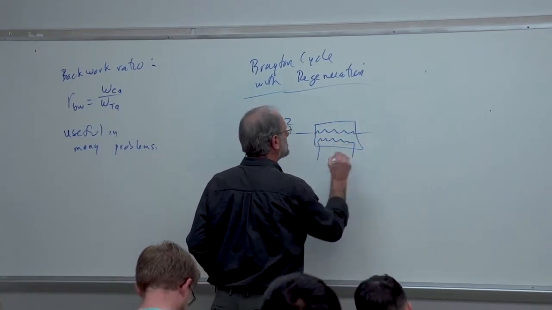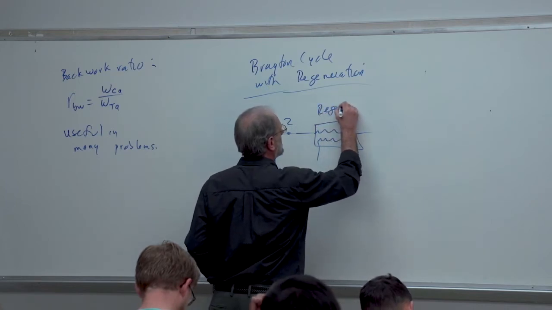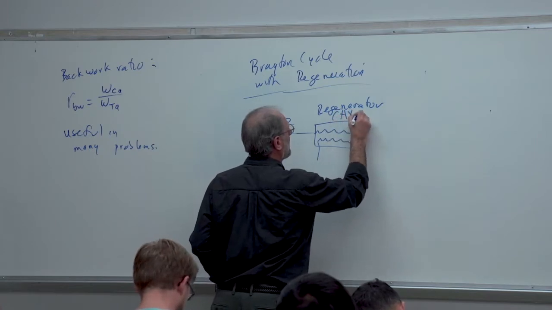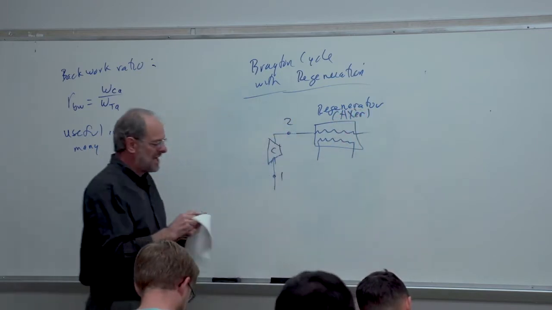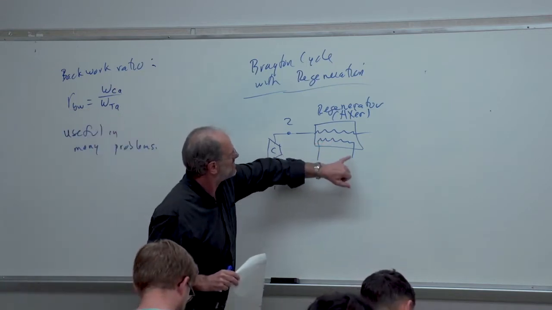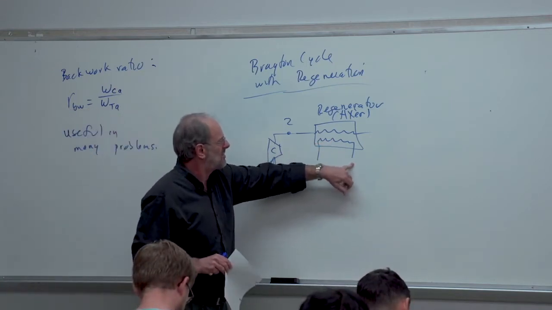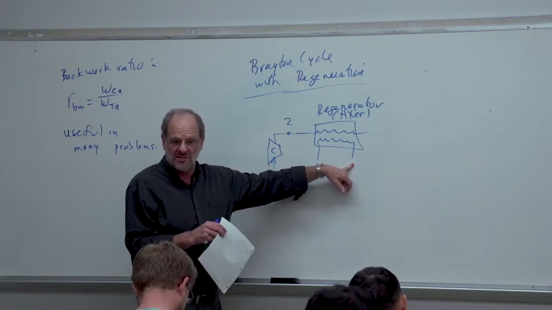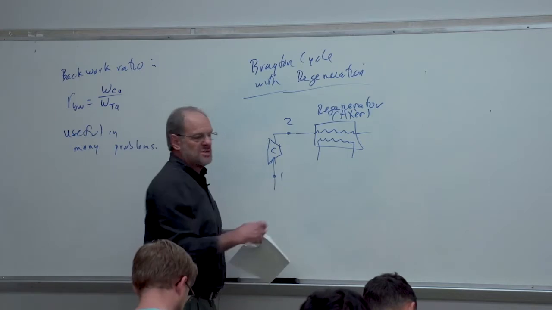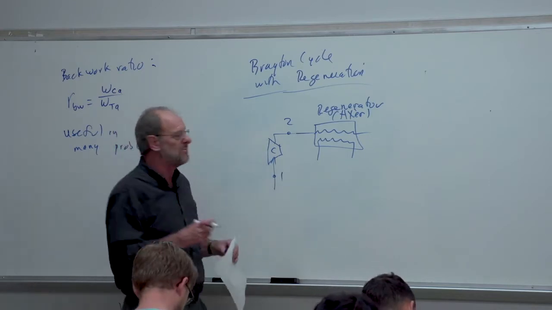And this heat exchanger has a name, and it's called a regenerator. Again, it's just a heat exchanger. We're taking heat out of one stream and putting it into the other. Now, the bottom set of tubes in the heat exchanger, the regenerator, is going to come from the exhaust gas, right? It'll come from point 4, and we'll get to that in just a minute. The top line, of course, is the air that we're going to be using for the heat input process.